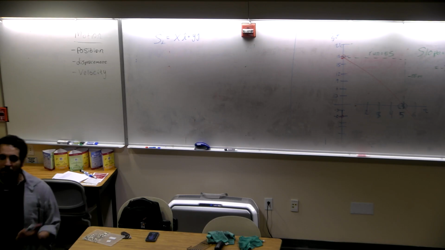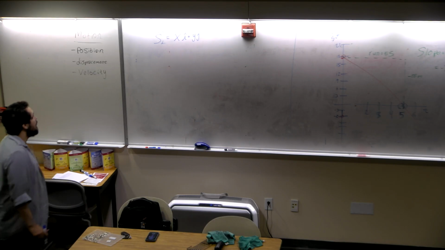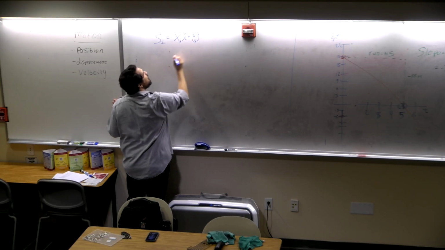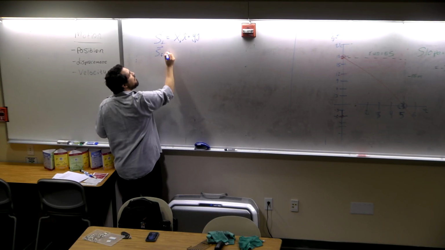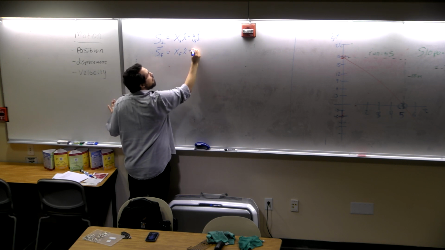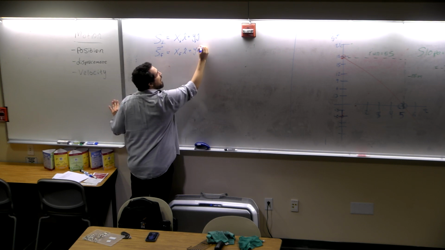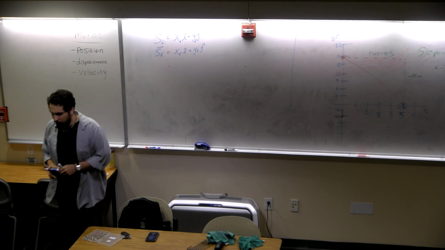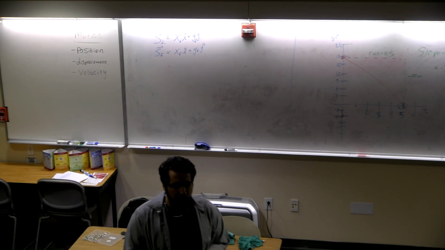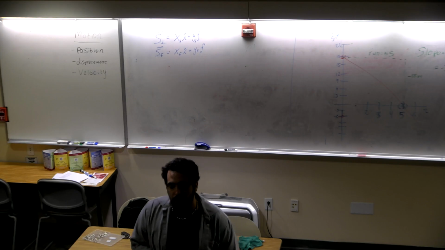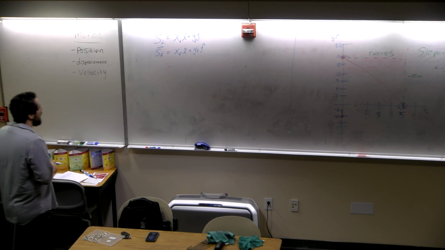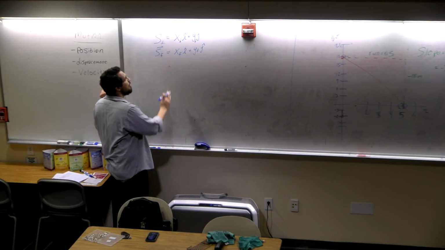Sound good? We then go on to say, well, generally speaking, we can write out a displacement, delta s, as being, we've done this a couple of times, the difference in our x components multiplied by i hat, added to the difference in our y components, y final minus y initial, in the j hat direction.